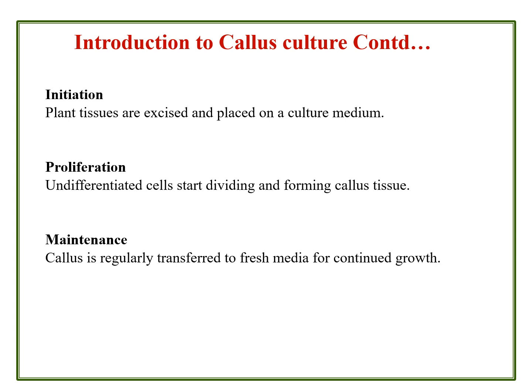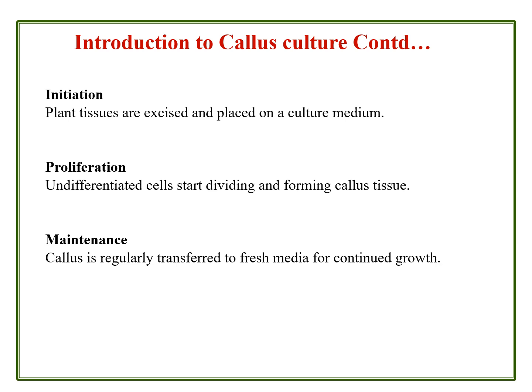Coming to proliferation, till now the plant-origin explant is placed on the defined MS medium supplemented with auxin to cytokinins. If it is a callus aggregate, that is completely undifferentiated cells.